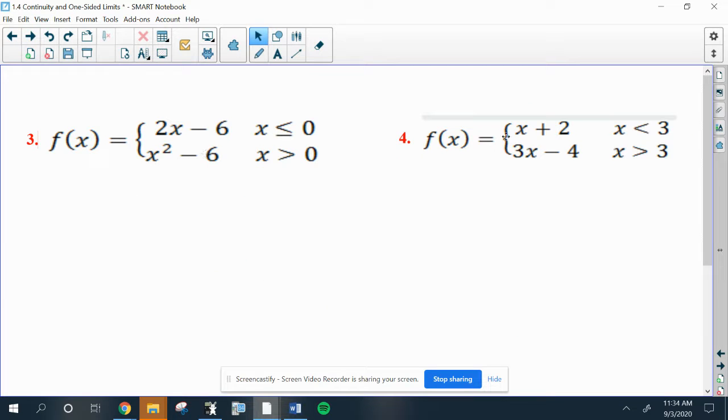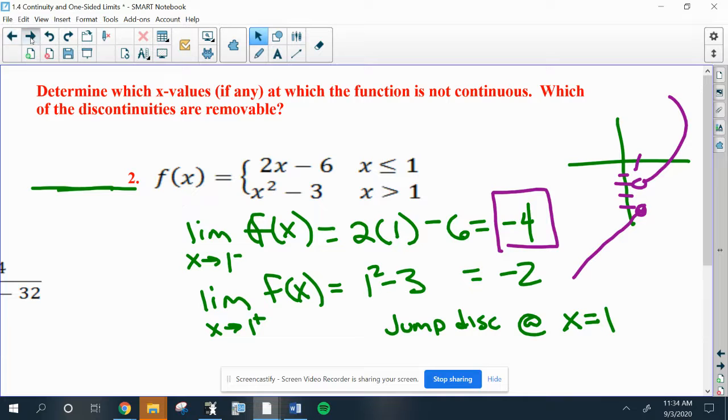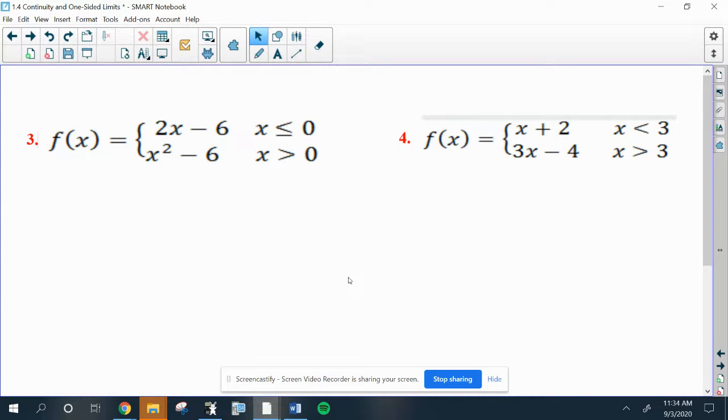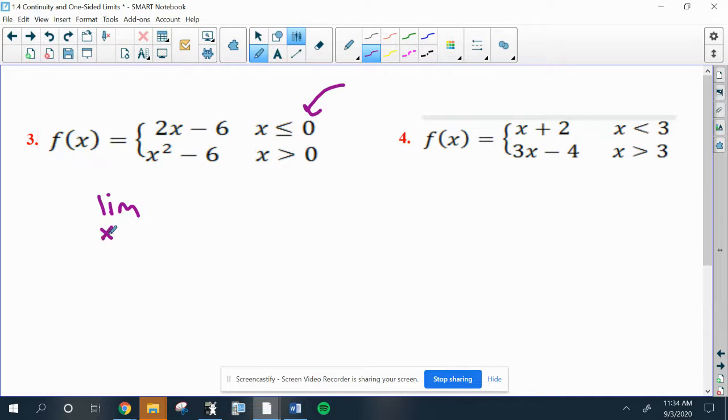Let's look at the next one. The next one is very similar to the first one. But now the questionable point would be 0, because that's where the first function stops and the second function takes over. So I'm going to figure out what the limit to the left side of 0 is.